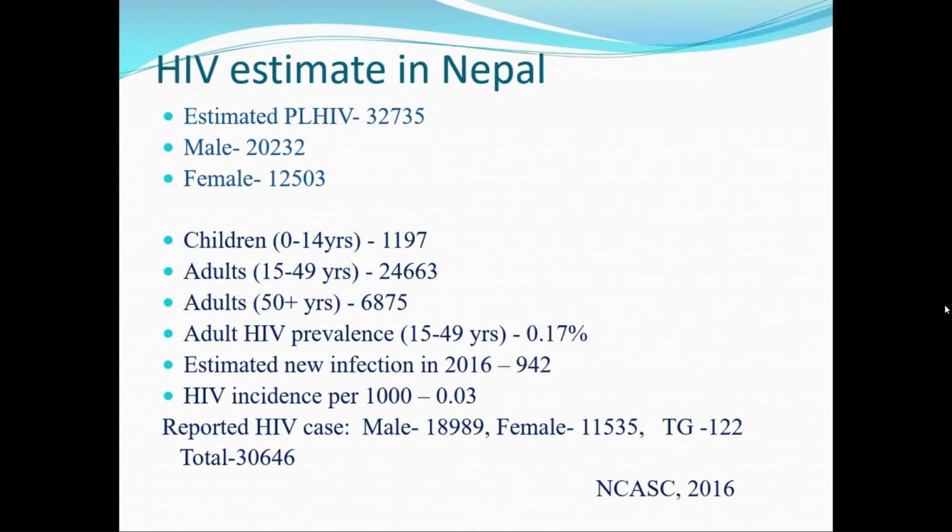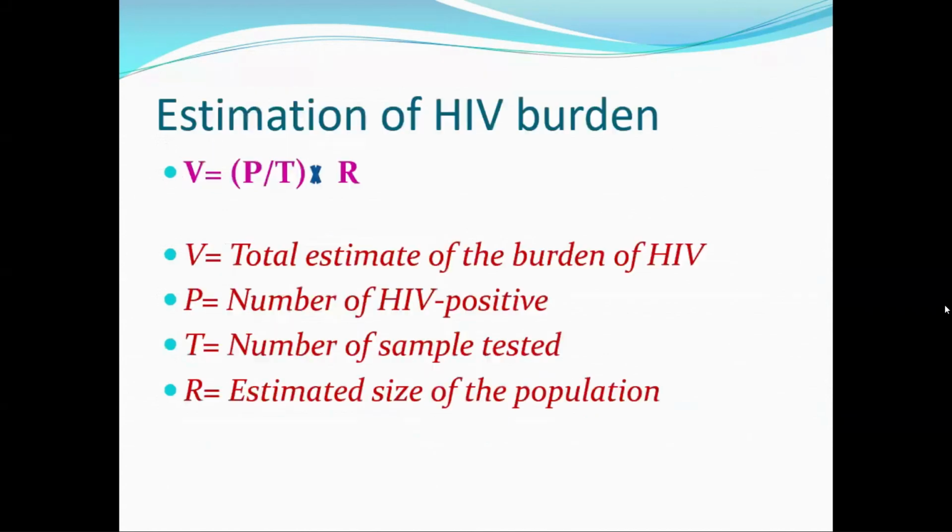The subgroups are: children, adults 15 to 45 years 24,663, adults 50 plus 6,875. The prevalence was 0.17 according to NCASC 2016, and HIV incidence per 1,000 is 0.03. This is the scenario of HIV and AIDS.